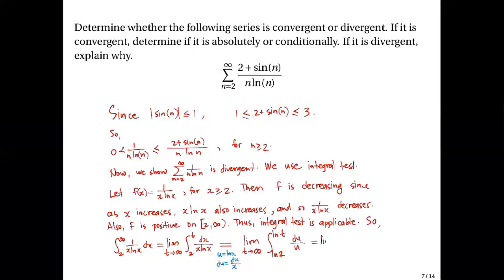So this is equal to the limit as t approaches plus infinity of ln of the absolute value of u. Okay? And we evaluate this at u equals ln of 2 and u equals ln of t.